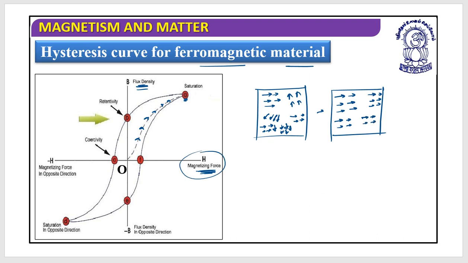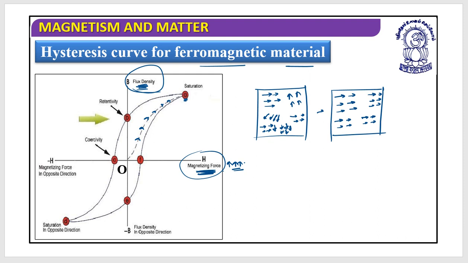So what I understand is that by increasing the magnetizing force, I can increase the flux density. I am still increasing the magnetizing force, but after some time I realize that even though the magnetizing force is increasing, the flux density is not changing.